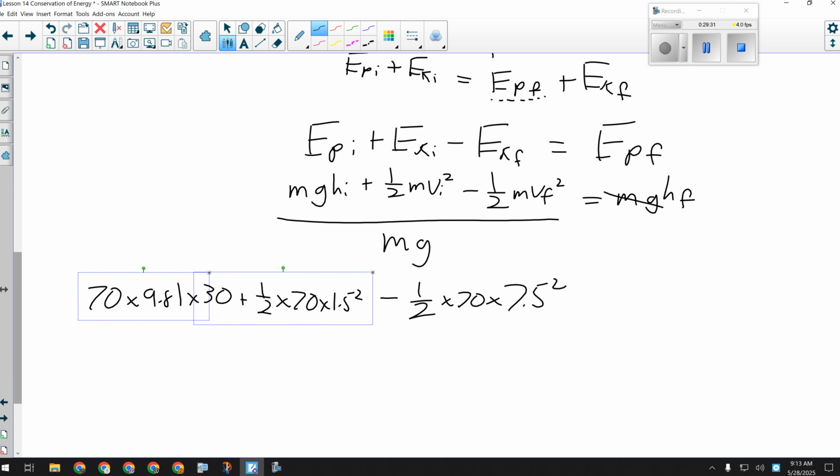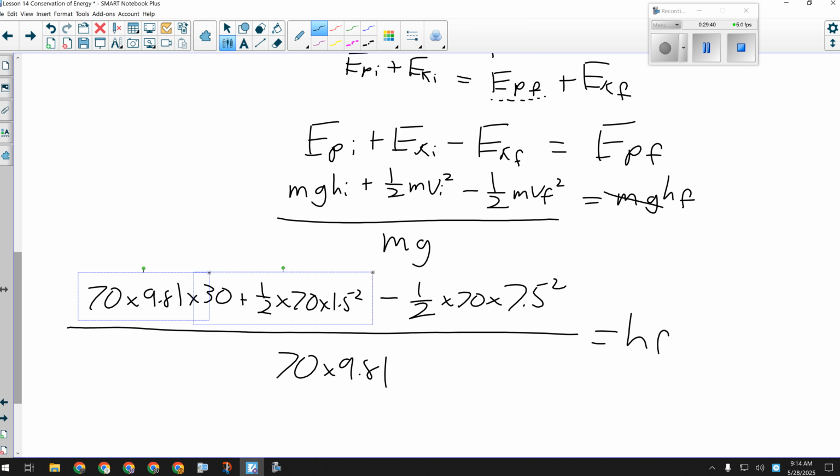All right, then I'm going to divide all of that by 70 times 9.81. That's going to leave me with the final height.